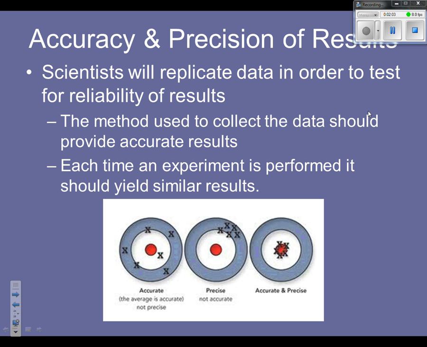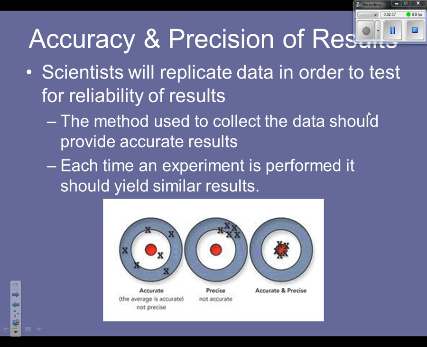Accuracy is how close the results are to the actual number. Also, each time an experiment is done, you should have similar results with each one of the trials. That's referring to precision. Precision is not the same thing as accuracy. Precision is how closely related the results are to each other.